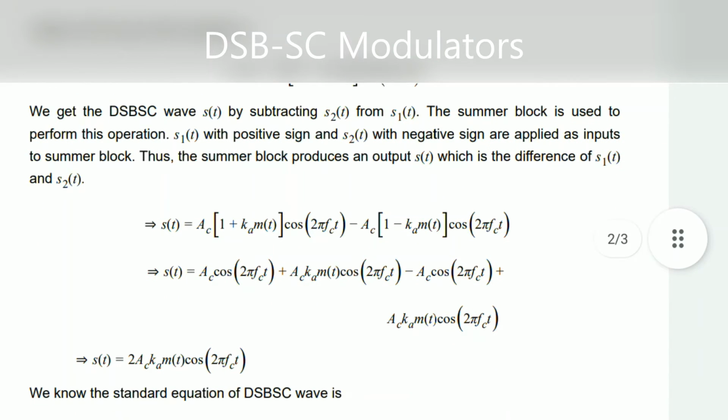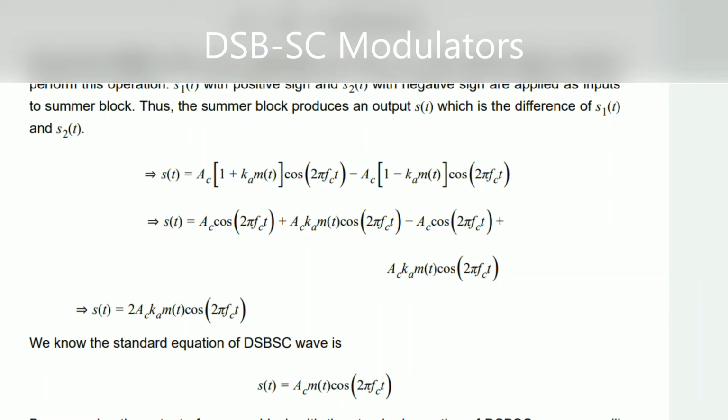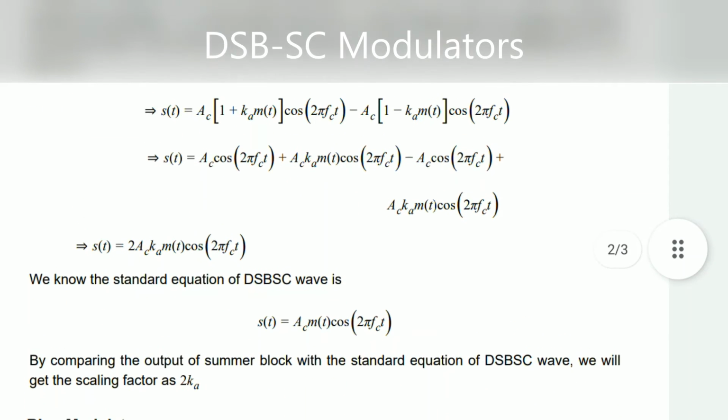So from this equation at last we are getting s of t equal to 2 Ac Ka m of t cos 2 pi fc t. The final standard equation for double sideband suppressed carrier for the balanced modulator is s of t equal to Ac m of t cos 2 pi fc t, where we have removed the constant term, 2 Ka, which is known as the scaling factor.